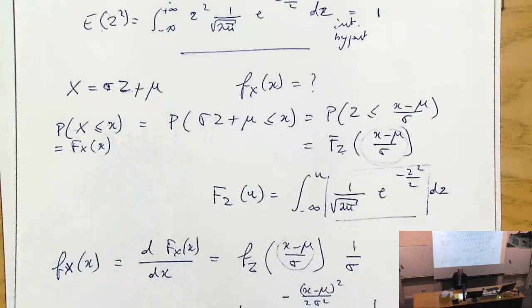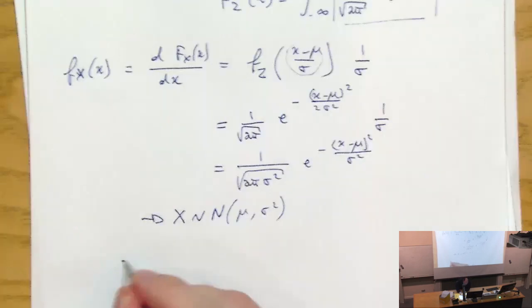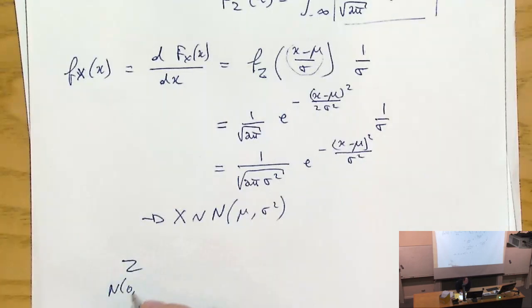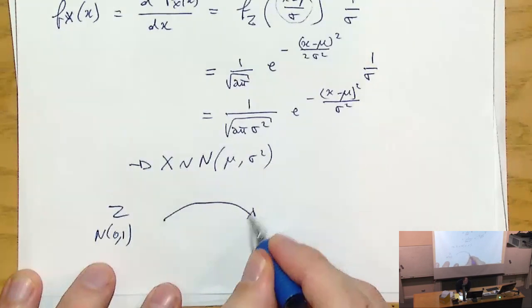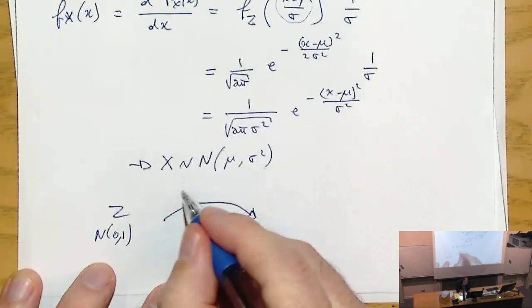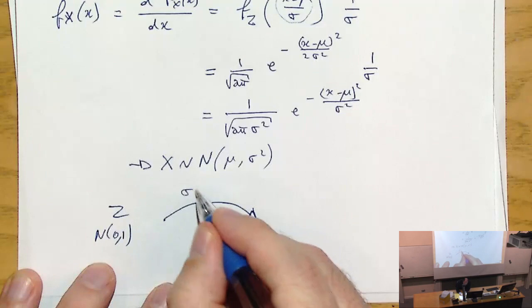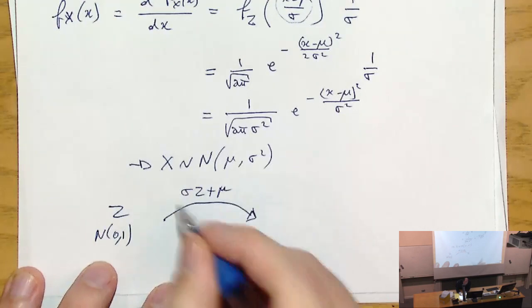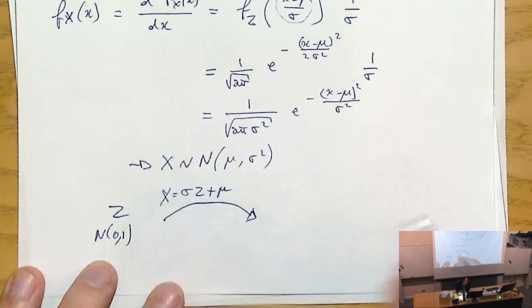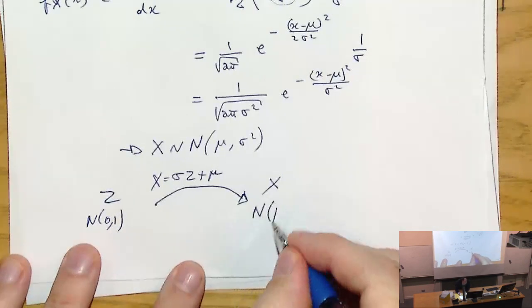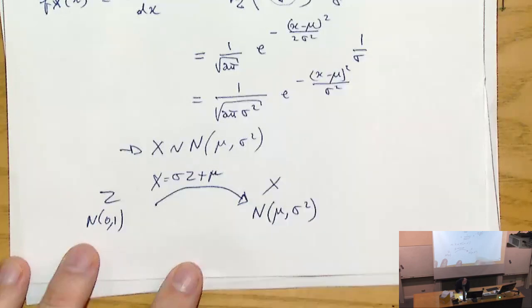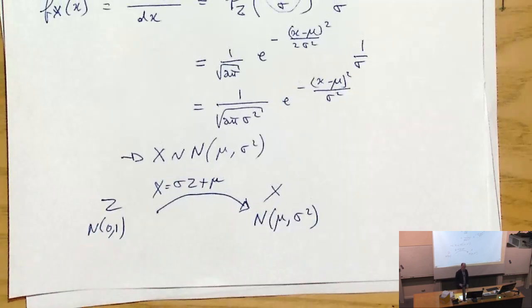So I take a transformation that is sigma Z plus mu. This is my x. And I have now a new random variable x that is normally distributed with mean mu and variance sigma squared. Okay?